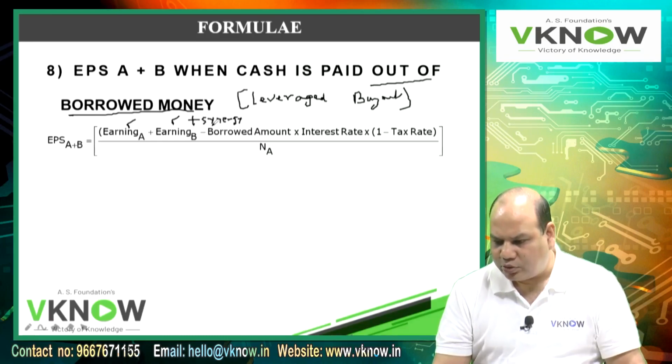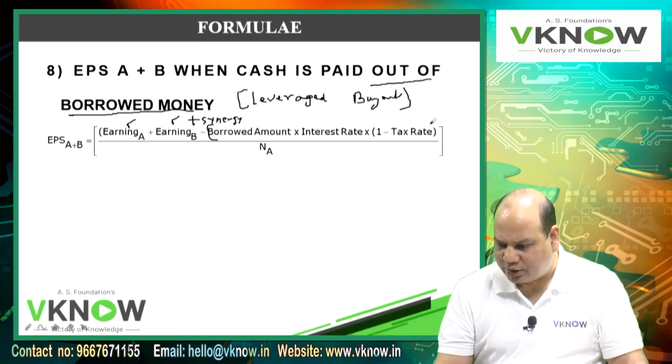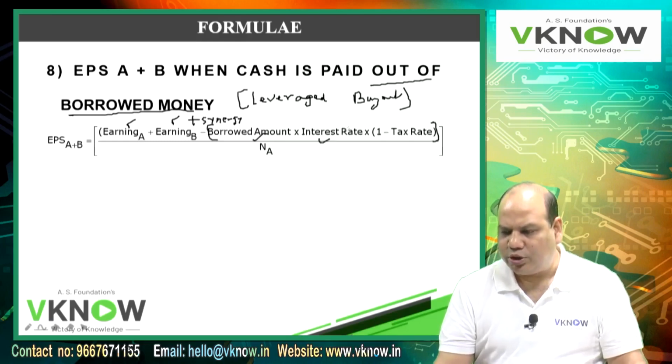Now you see what we will do. When we borrow money and acquire another company, we have to pay interest on that borrowed amount into interest rate, and on that interest amount you get tax shield. So, borrowed amount into interest rate into 1 minus tax rate.